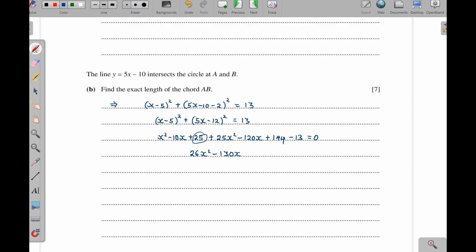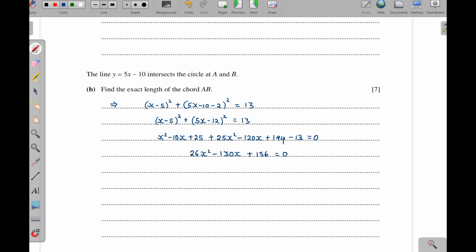And then 25 plus 144, that would be 169. Then minus 13, 169 minus 13, don't you get 156? Yeah, so we shall get 156, which is equal to 0.